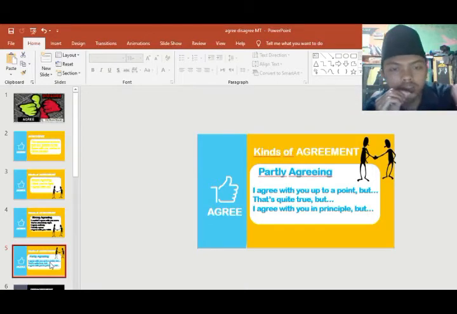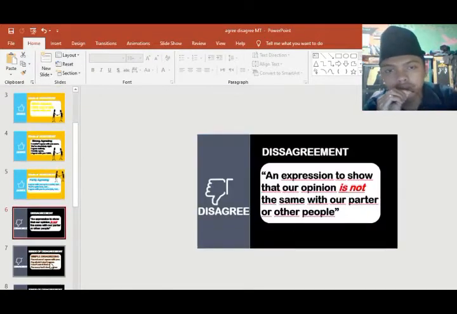There are three, but actually there are many. These are three simple ways. You can say "I agree with you up to a point," but another point that you disagree with is stated after this expression. That's all the kinds of agreement.